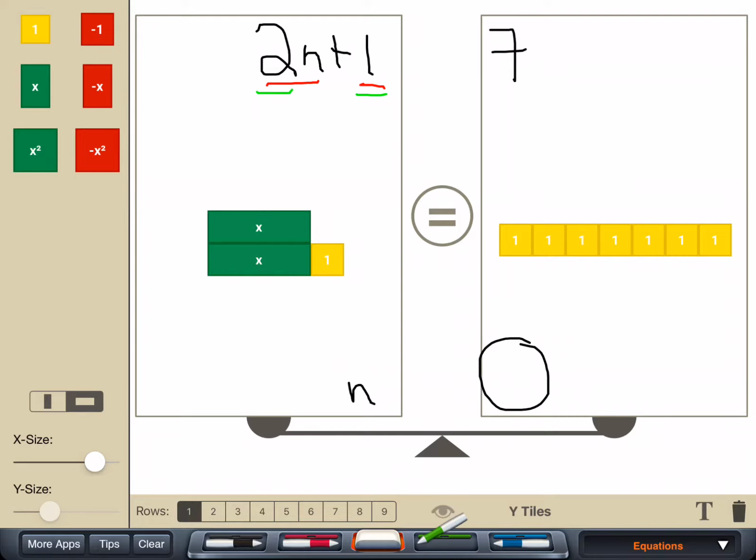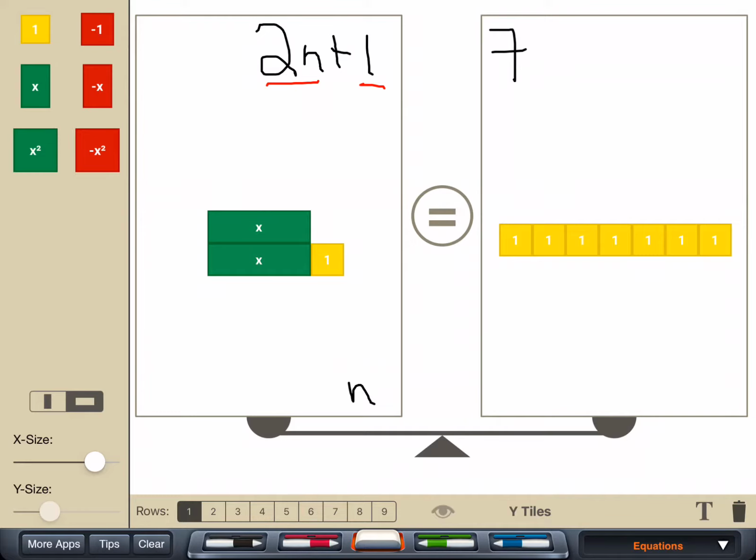So that's our first goal. In order to eliminate some of these things, we use the same number but the opposite operation to get rid of it. Okay? And then whatever we do on one side of the equation, like here on the left side, we need to do on the right. Okay? So let's keep that in mind.